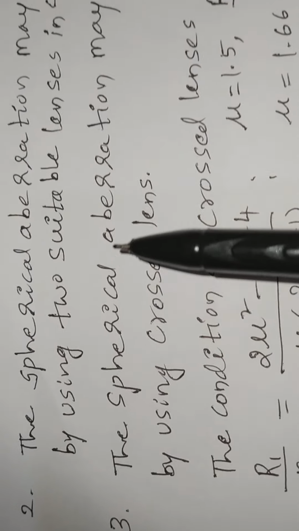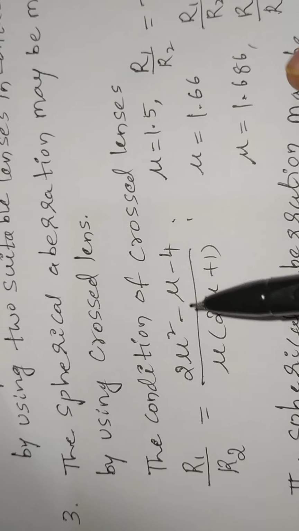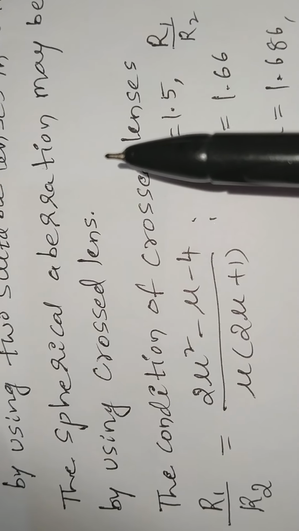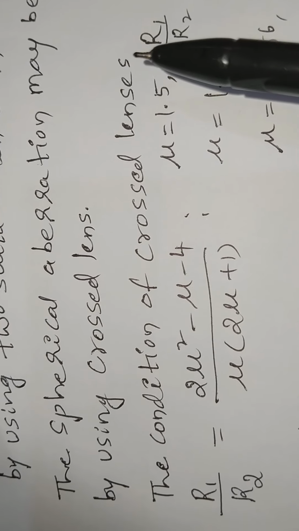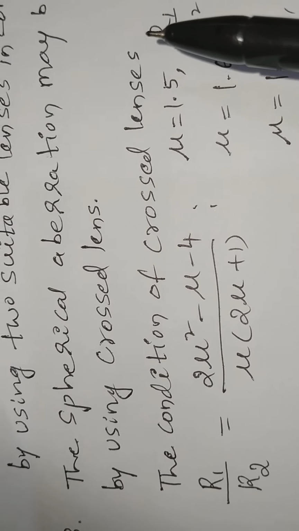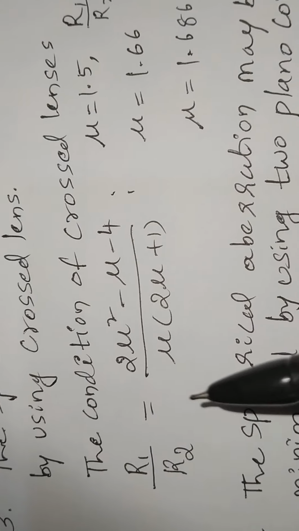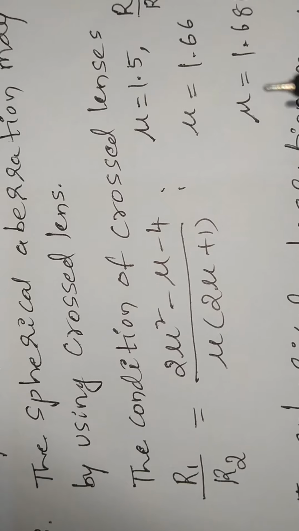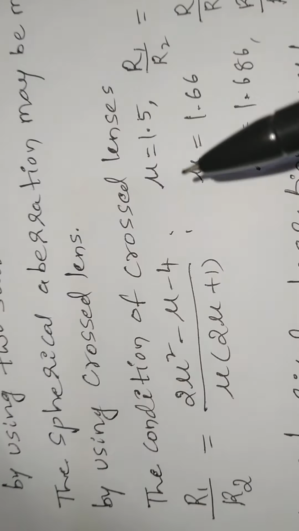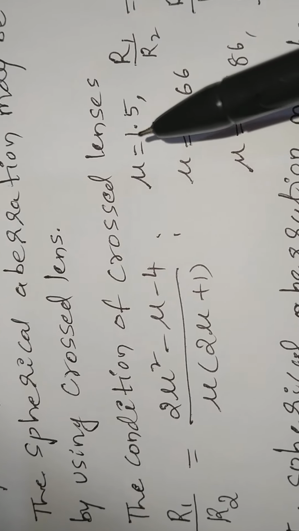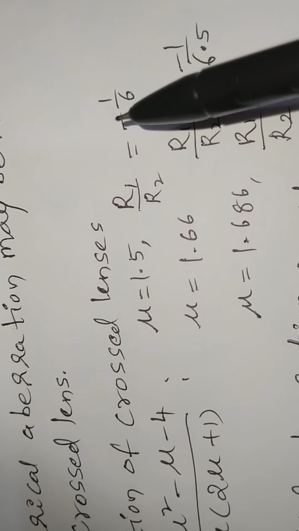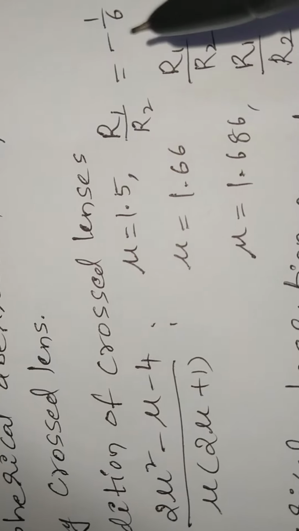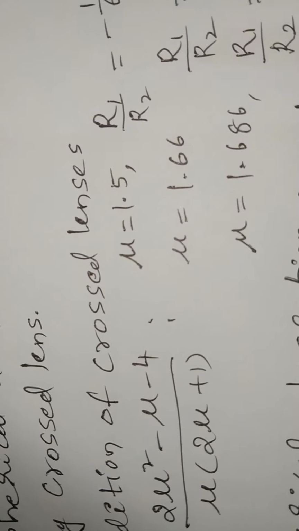The third one: spherical aberration may be minimized by using a Crossed lens. A Crossed lens is a double convex lens whose radii of curvature are in the ratio R1 by R2 = (2μ² − μ − 4) / (μ(2μ + 1)). If the refractive index of the lens is μ = 1.5, then R1 by R2 is equal to −1/6, so the ratio of the radii of the crossed lens is 1 to 6.